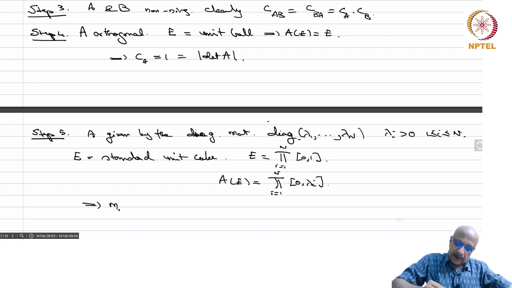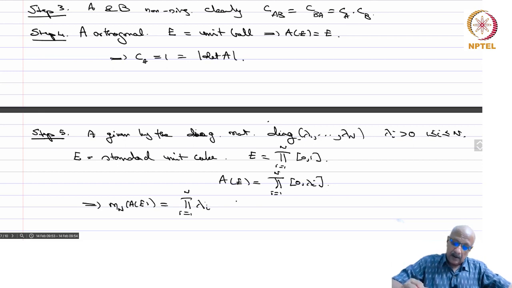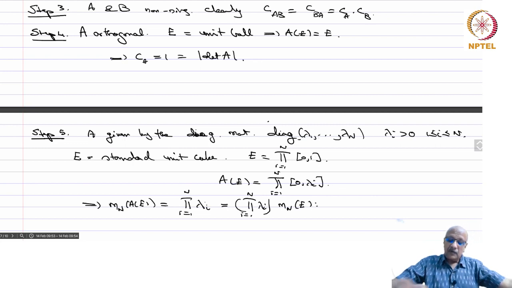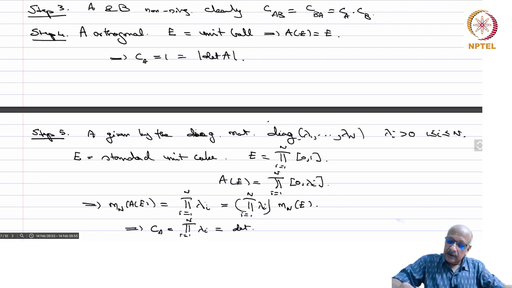That means Mn of AE equals the product of lambda i, i equals 1 to n, times Mn of the unit cube. So this is a constant for this particular set, so it has to be for every other set, and therefore CA is equal to the product of lambda i, which is nothing but the determinant of A.